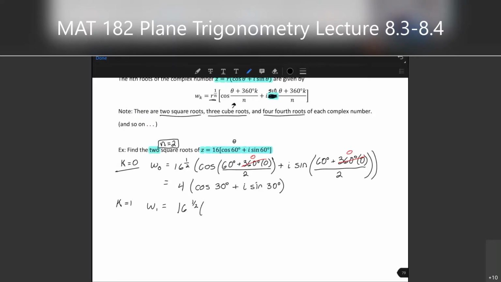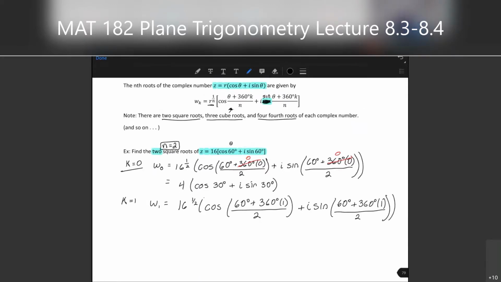So we have cosine of 60 plus 360 times 1 divided by 2, and then plus i sine, and that's 60 plus 360 times 1 by 2.